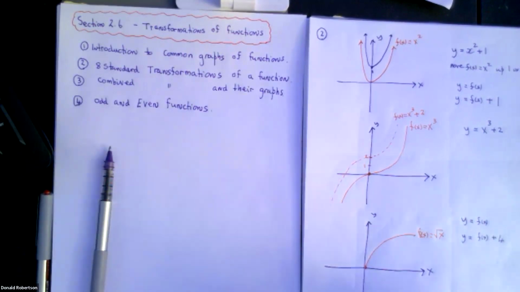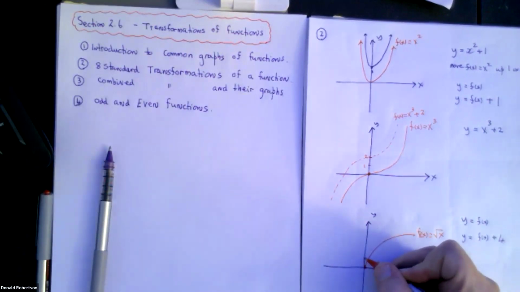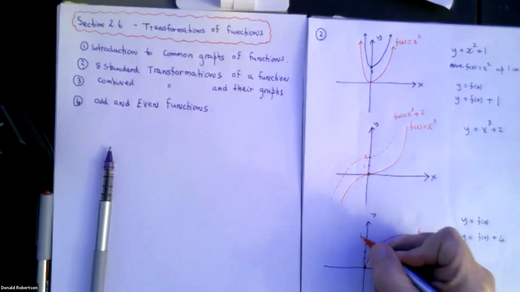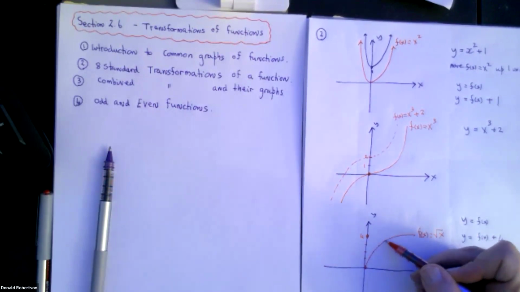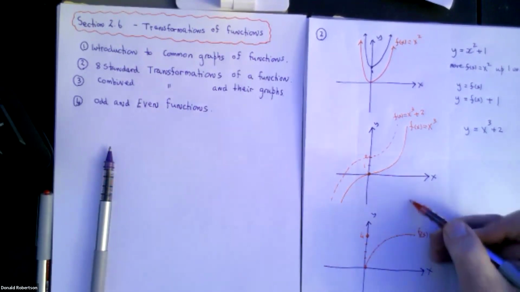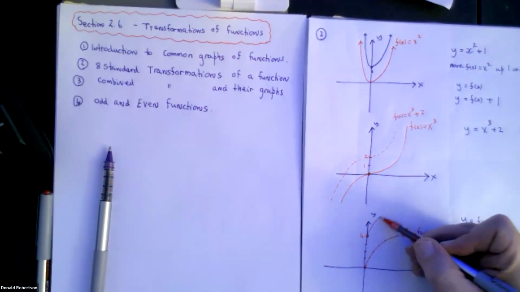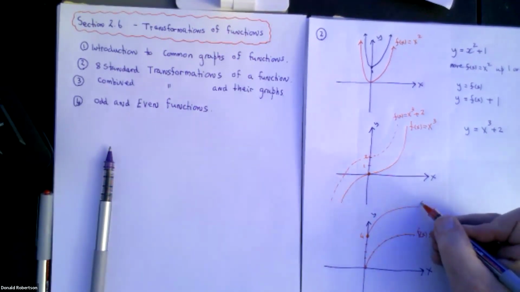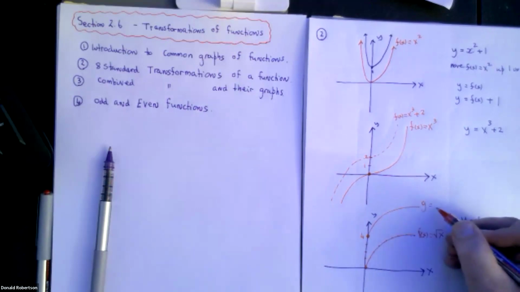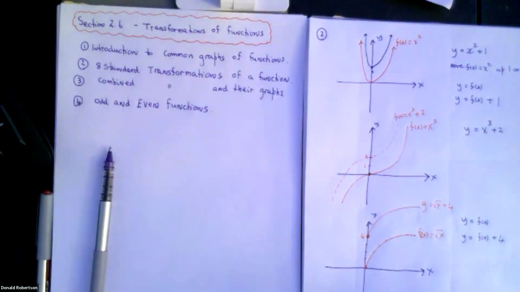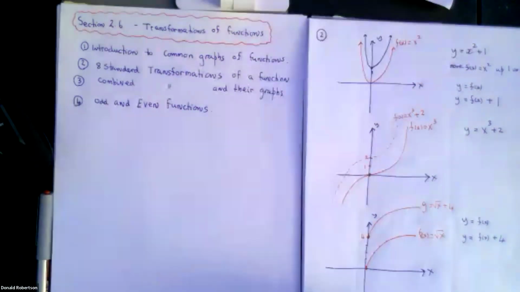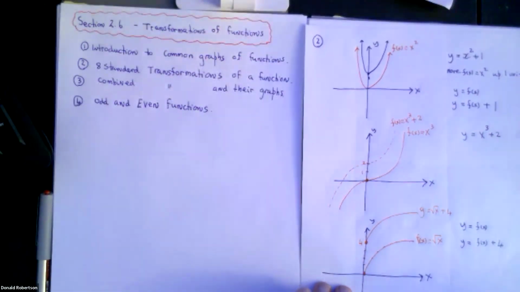And what would happen? Well, that guy would, 1, 2, 3, 4, now cross the y-axis at 4, and every single point, if I could plot them all, would all be equally moved up 4. So you'd basically get this guy. So one of the 8 standard transformations is move the graph up 1, 2, 4, whatever it might be.